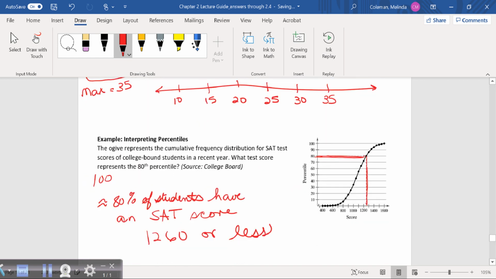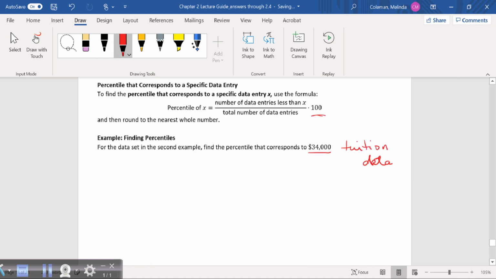So there are 8 entries or pieces of data less than 34,000. So we're going to take 8. The total number was 25. They told us that.